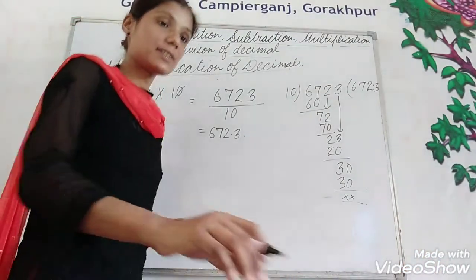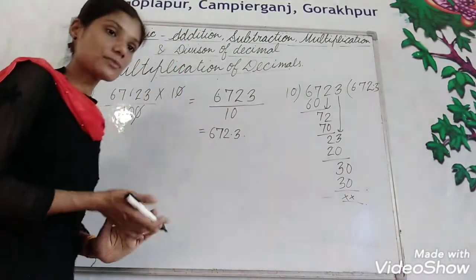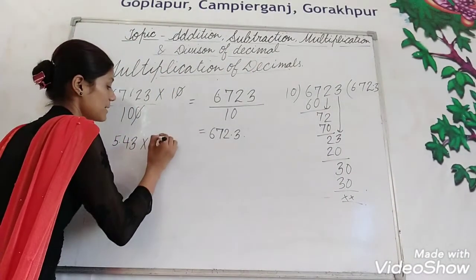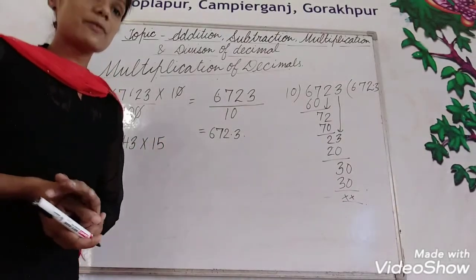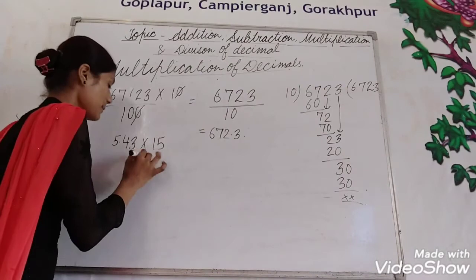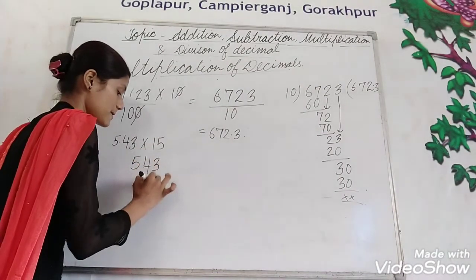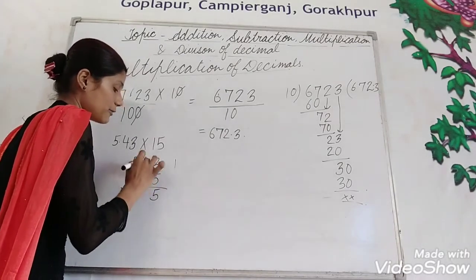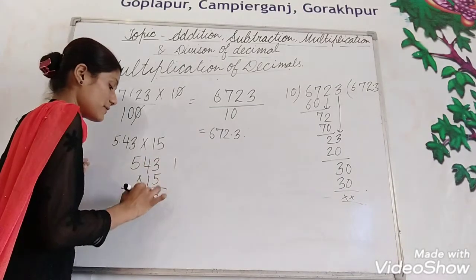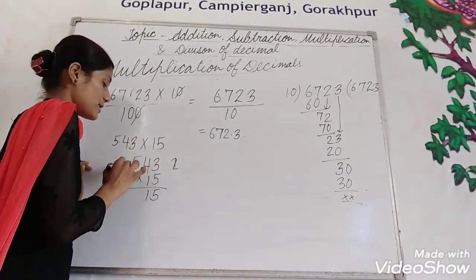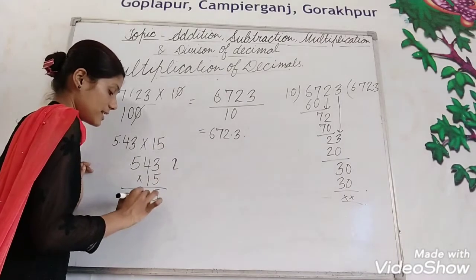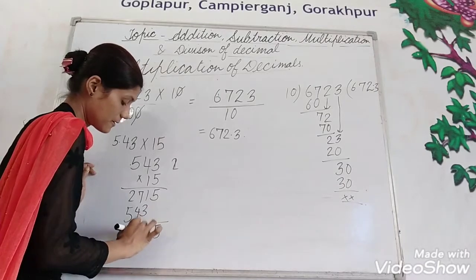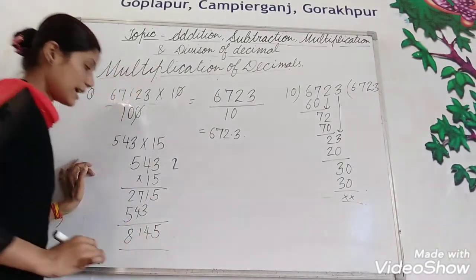This is your simple multiplication. After that, next is how to find the multiplication of 5.43 multiplied by 15. First we solve the simple multiplication. 5 times 3 is 15, write 5, carry 1. 5 times 4 is 20, and 1 is 21, carry 2. 5 times 5 is 25, and 2 is 27. Then 8145.